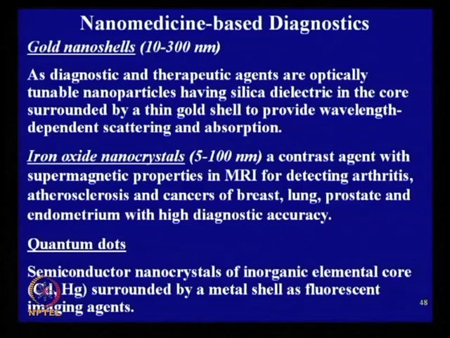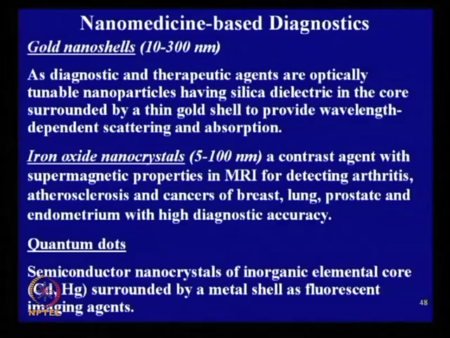Then iron oxide nanocrystals, a contrast agent with superparamagnetic properties in MRI for detecting arthritis. If there is some arthritic problem, pain in the bone and the joints, etc., doctors prescribe an MRI test. Atherosclerosis and cancers of breast, lung, prostate and endometrium can be detected with high diagnostic accuracy.